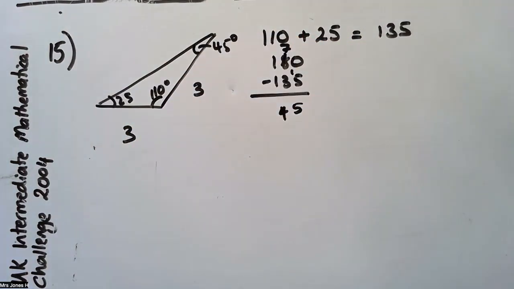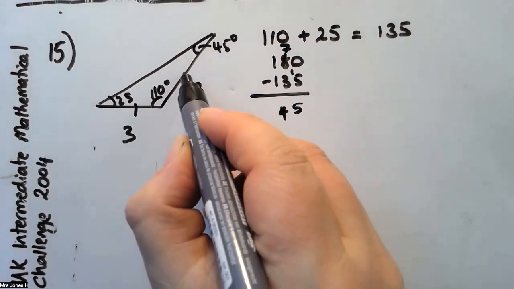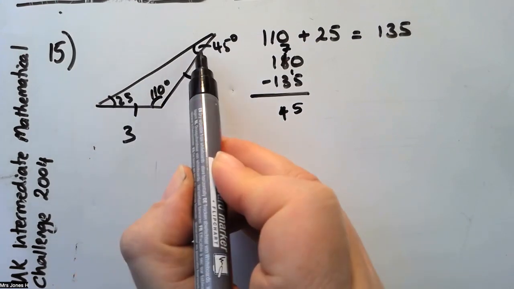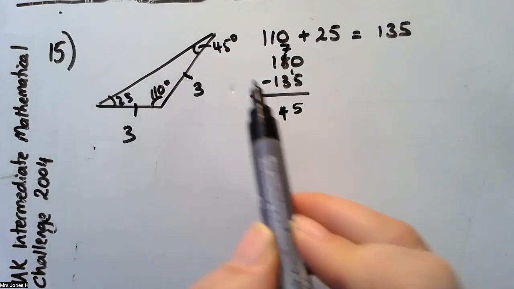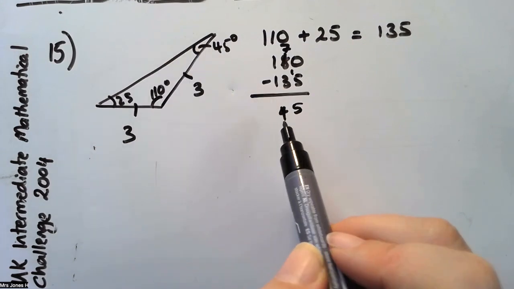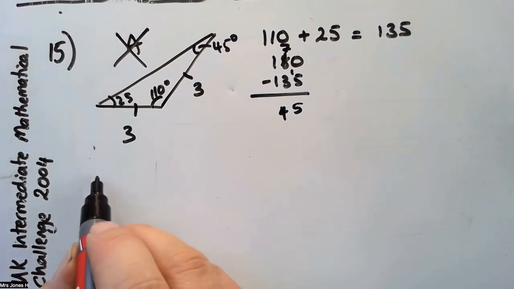Because it's got 3 and 3 here, this is an isosceles triangle. If this angle is 25, then this angle has to be 25 as well. But if it's a triangle, it has to be 45. So this one, A, is not an option.